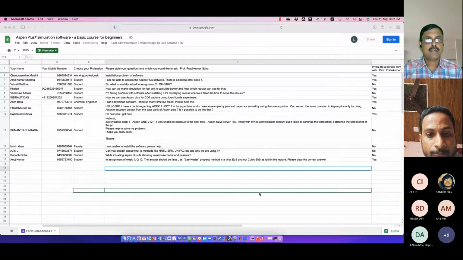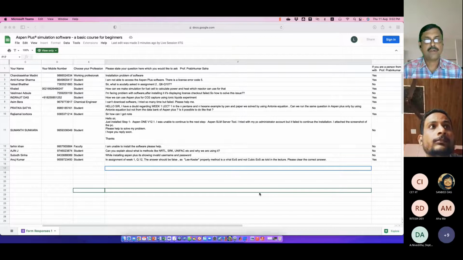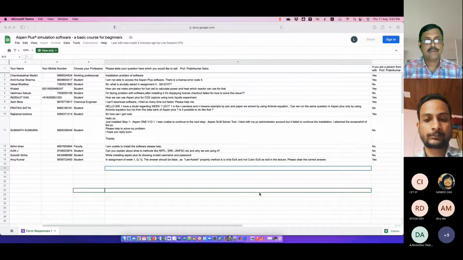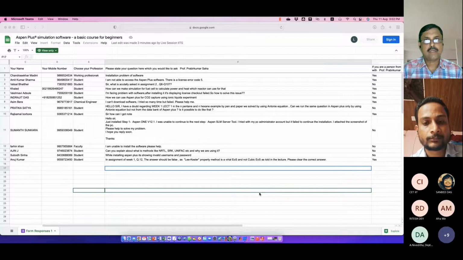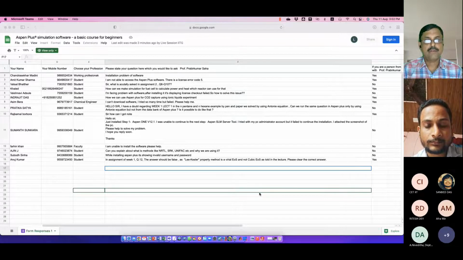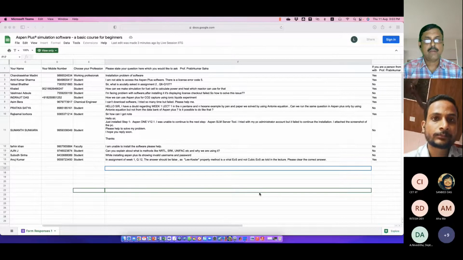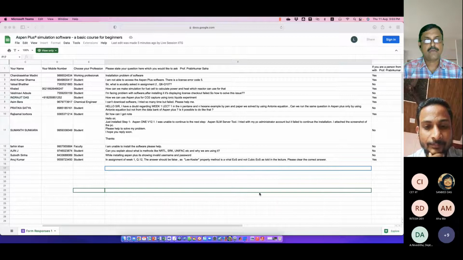Some computers may have some software or configuration which will resist the Aspen Plus software from loading or being identified. Those are things you have to solve at your end. One thing is sure: if others are able to install the software without any problem, then you also can do it. Maybe you have to reinstall the software, or in extreme cases, you may have to reinstall Windows.